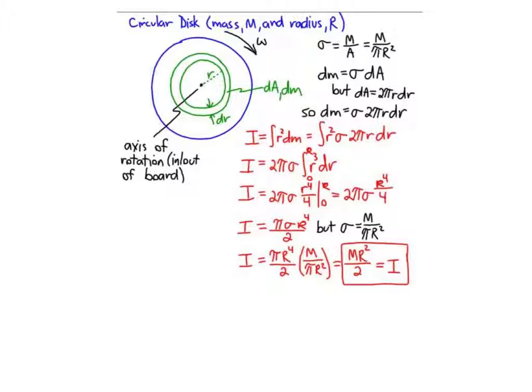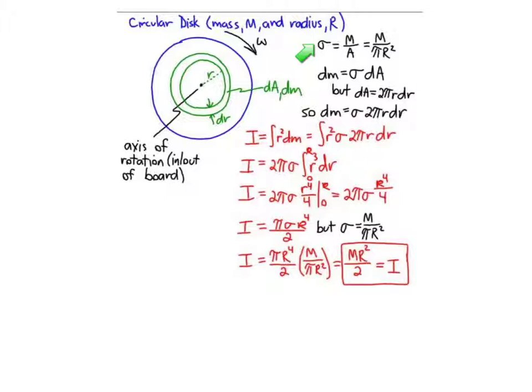And so using the same trick as before, but instead of using a linear mass density, we use an area mass density. Sigma is now defined as the mass per area, and of course the area is pi r squared.